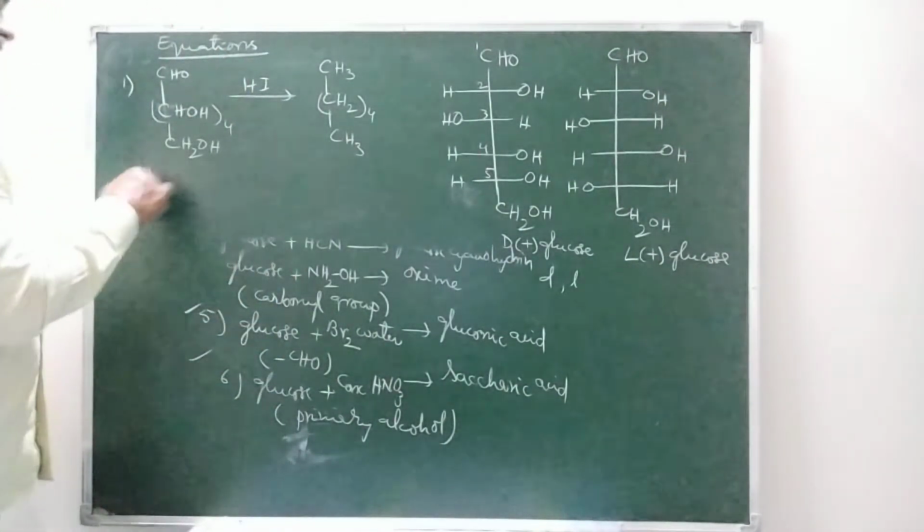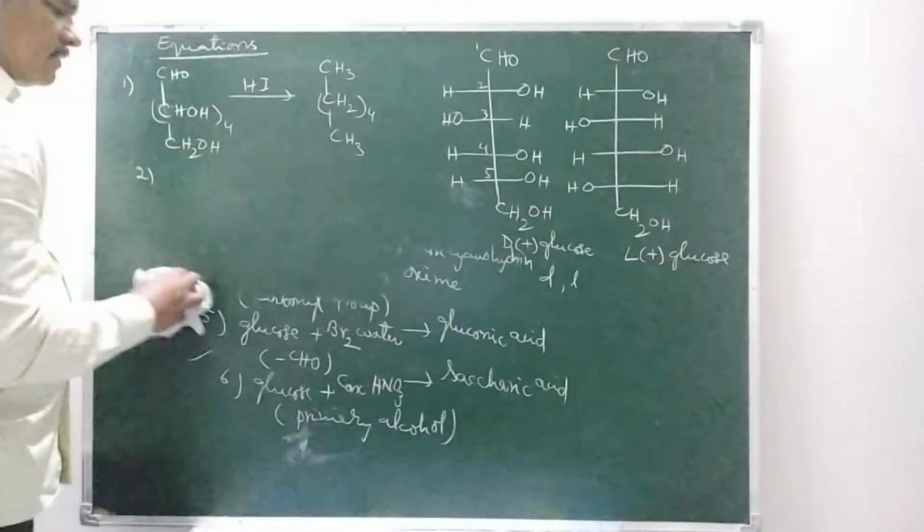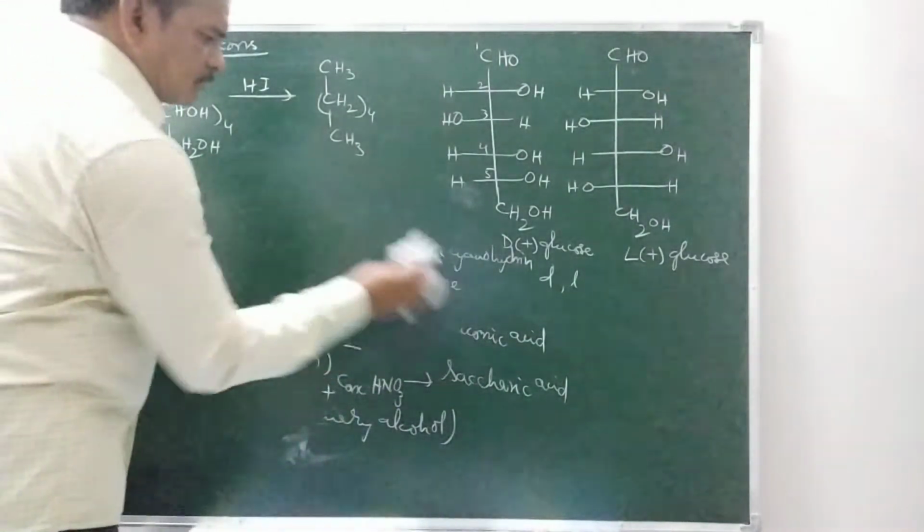Another one: when treated with acetic anhydride, pentaacetate is formed.